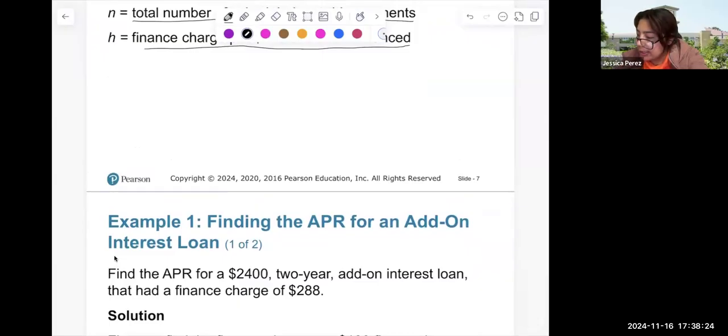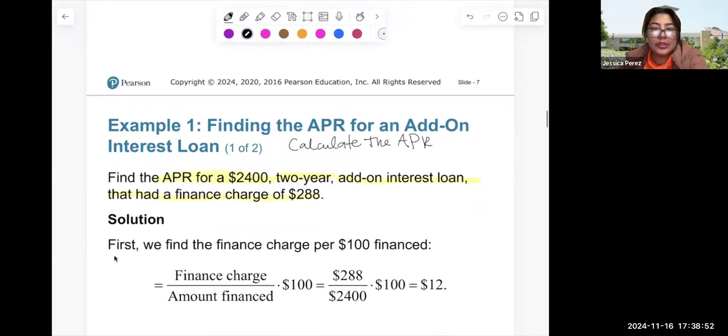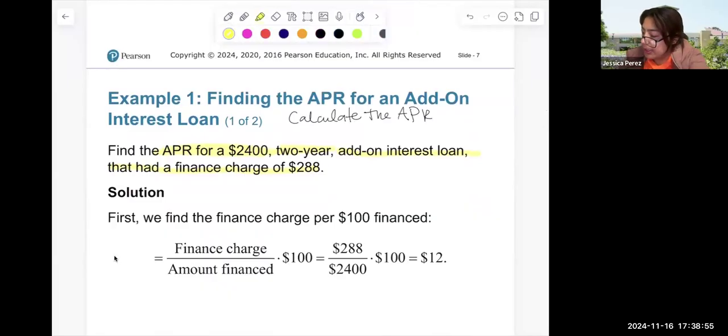Let's look at this example. They're asking us to find the APR for a $2,400 two-year add-on interest loan that had a finance charge of $288. To calculate the APR, first we use this formula: the finance charge over the amount financed, times 100.